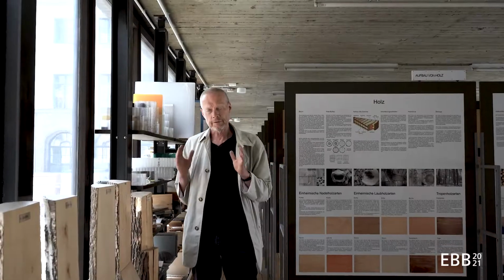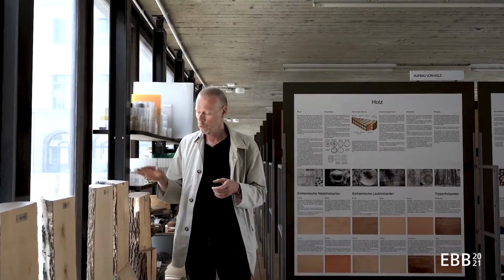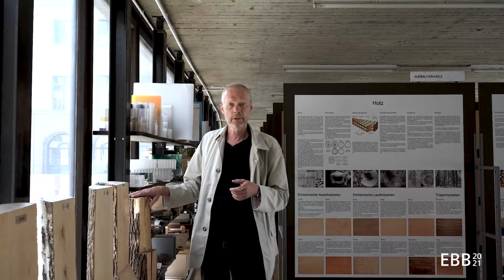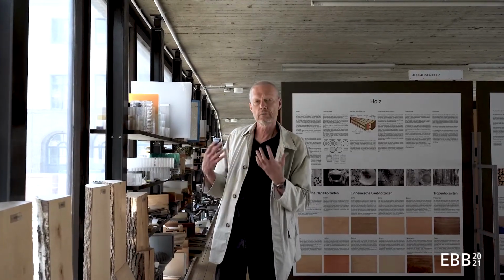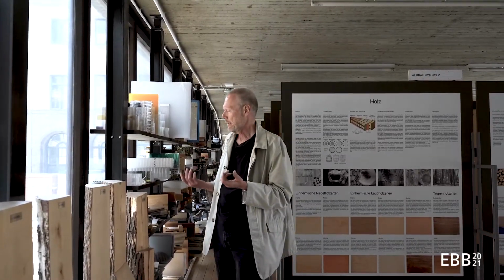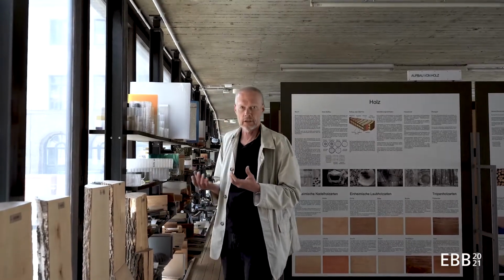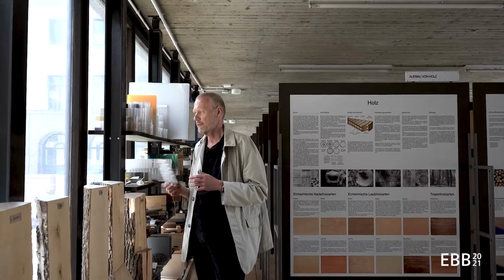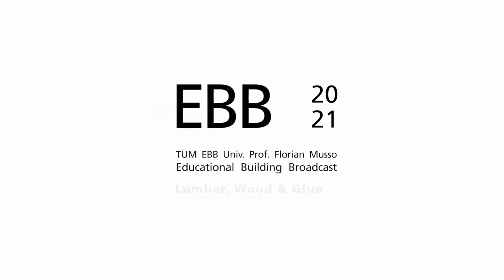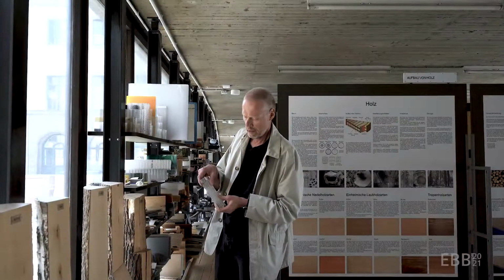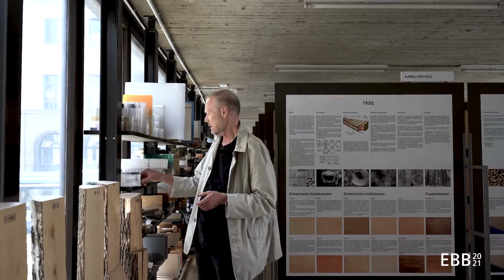In terms of organic materials, we have natural organic materials like wood or straw, and we have artificial organic materials like plastics of different kinds. Here we have a macrolon plate.